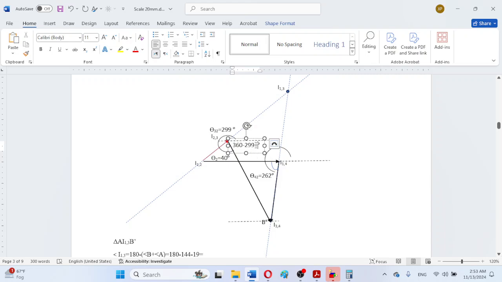So we can write here 61 degrees, the angle between this horizontal line and this. The same angle of 61 degrees can be copied and pasted here.